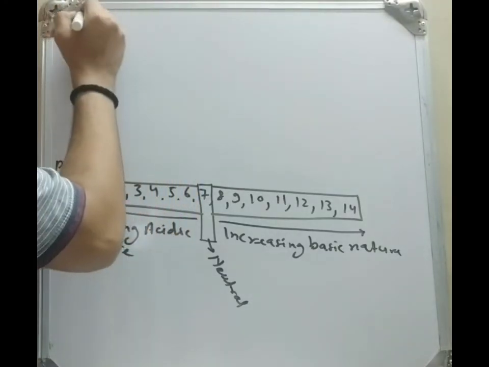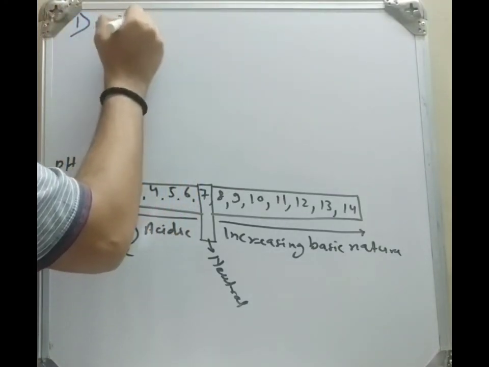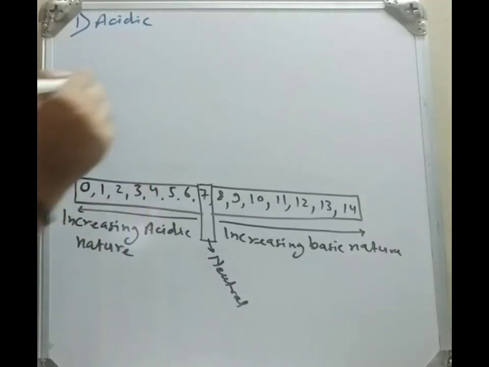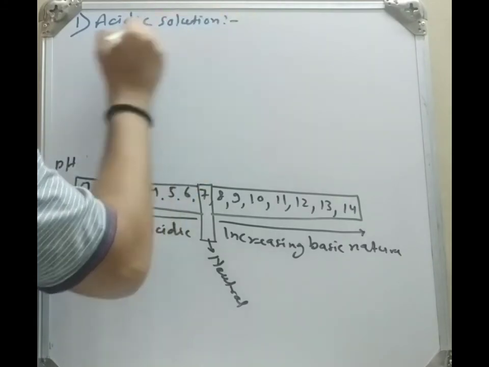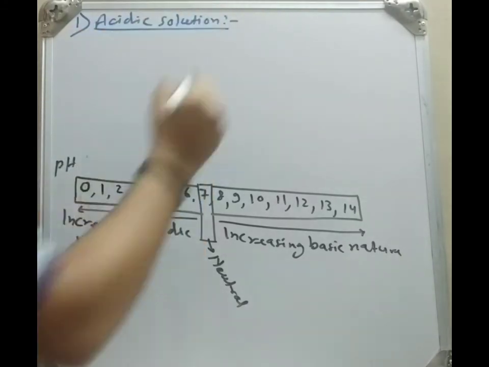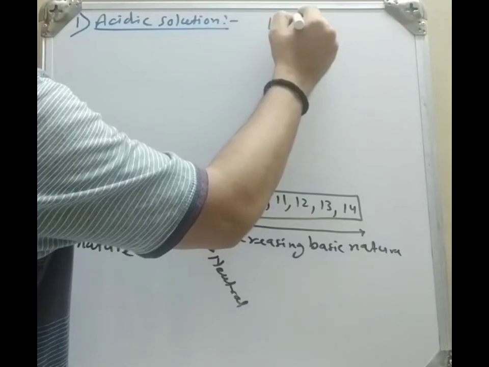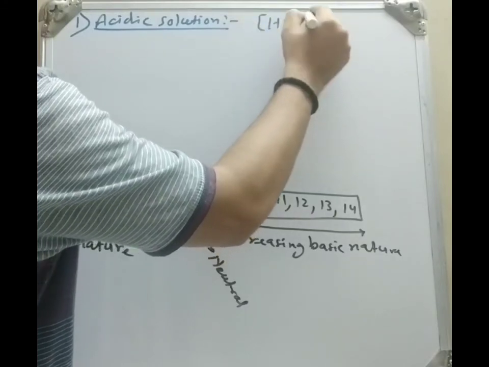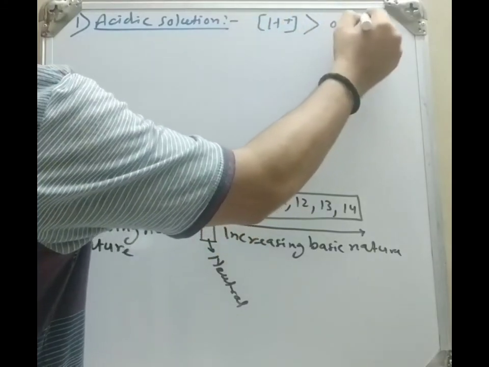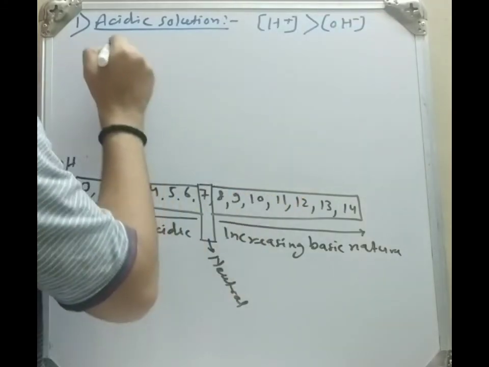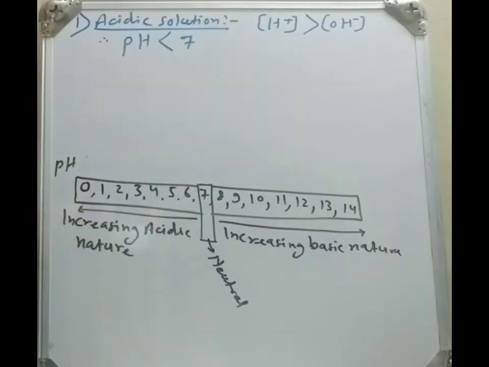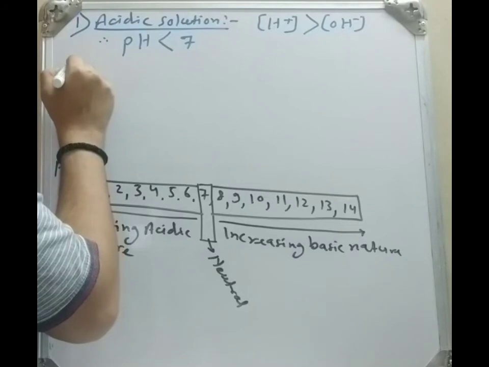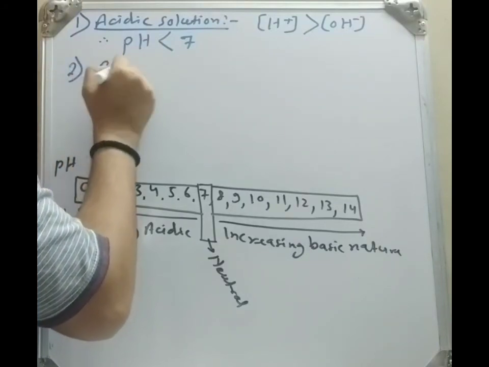So first, acidic solution. When H plus concentration is greater than OH minus concentration, it means the pH of the solution is less than 7, then it is considered an acidic solution. Now the second one is basic solution.